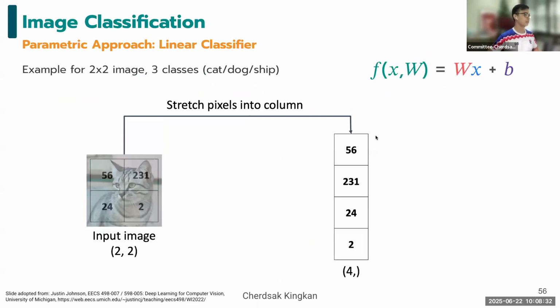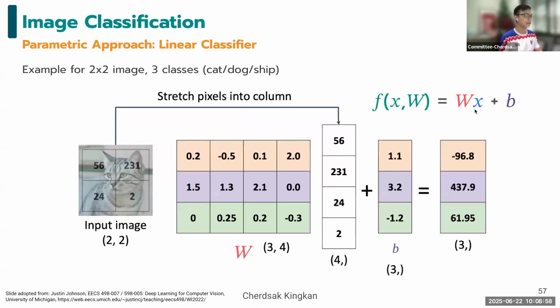So if you take this image as an example, let's say that we have an input image of size 2 by 2, and then we stretch the pixels into a column vector. So this is what we end up with, a vector of dimension 4. All right, we stretch it out.